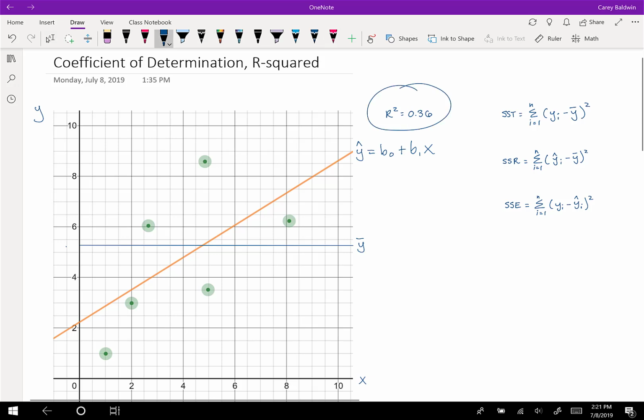In this example on the screen, I have an R squared value of 0.36, which is not a good number, and we can see that the green points are not very close to the orange line, which means that there's quite a bit of variation that's not explained by this model. It's coming from other sources, which we call error. We don't know what the other factors are that contribute to the variability in y.